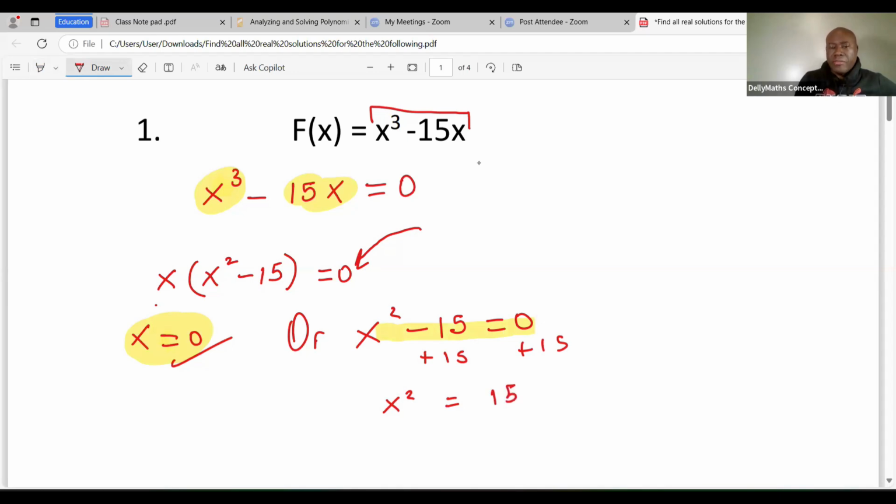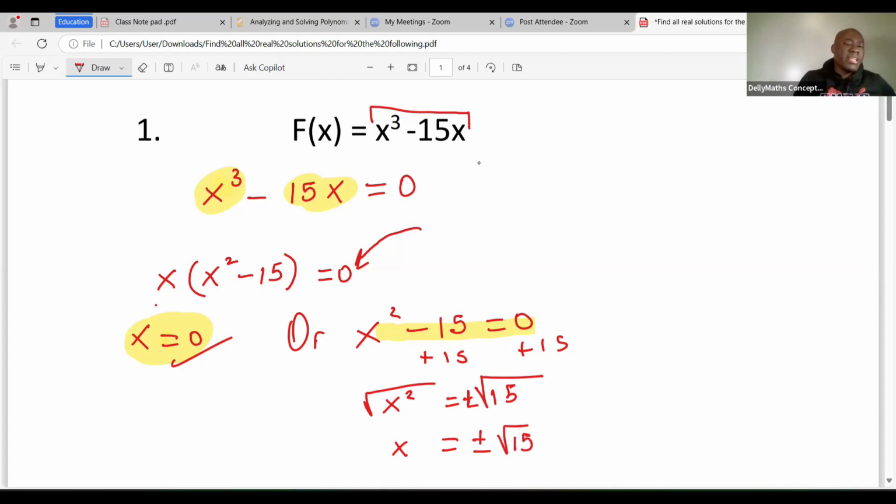And then in order to find x, I'm going to take the square root of both sides. The square root of x squared leaves me with x, and I'm going to take the square root of 15. But when I take the square root of 15, I'm going to have to put a plus or a minus, because when we take the square root of a number, it's going to be a plus or a minus. So in this case, my response is plus or minus the square root of 15.